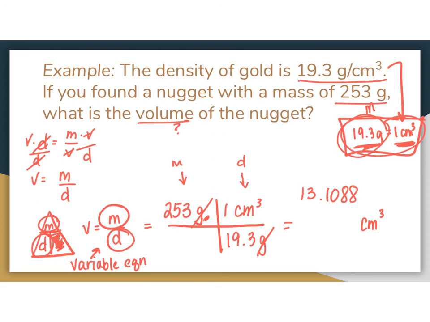With the mass, we have 3 sig figs, and with the density, the measured part, it's going to be 3 sig figs as well. I need to round this to 3 significant figures, so it would be 13.1 centimeters cubed, and that's how I would report my answer.